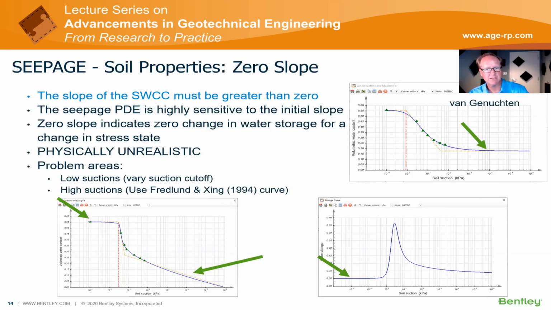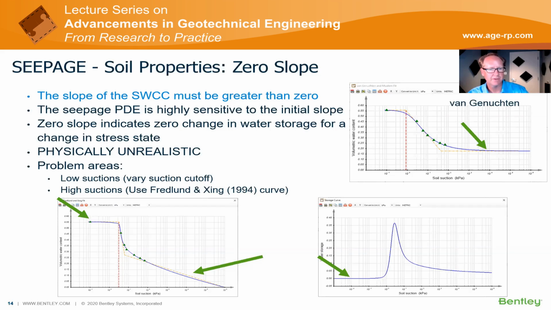And on the right-hand side of the equation, some equations tend to flatten off and go to 0. For example, the Van Genuchten equation and Mualem and some other equations go to a flat condition, which at higher suctions can create some numerical instability if you hit suctions that are higher and your slope goes to 0.